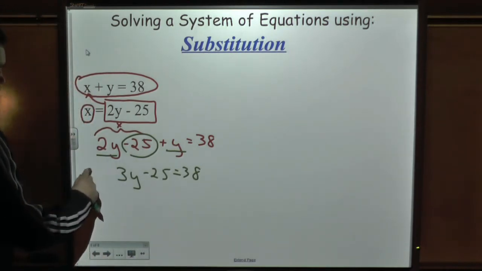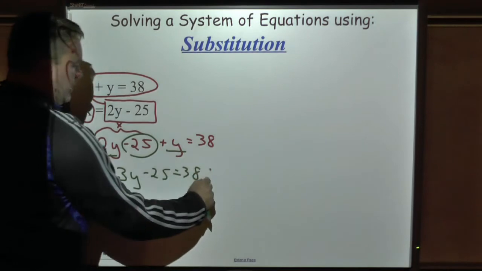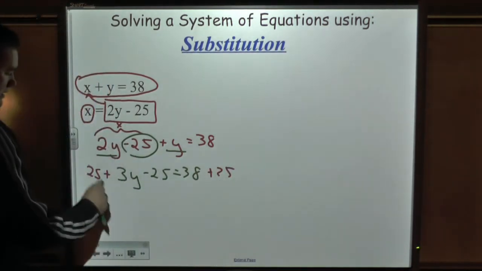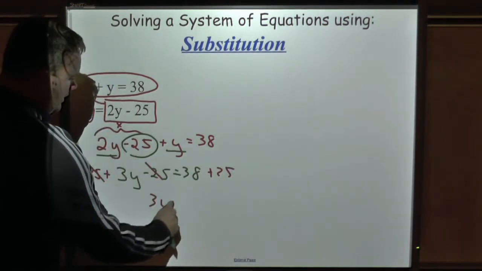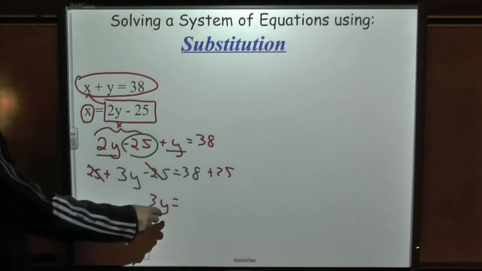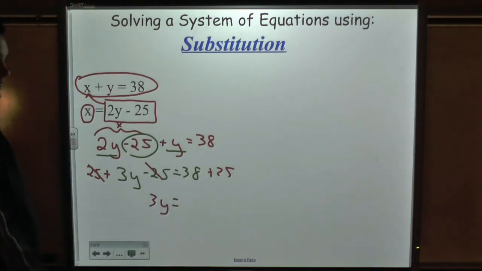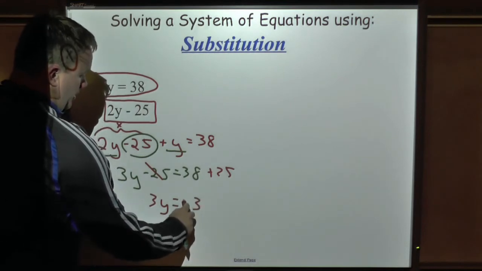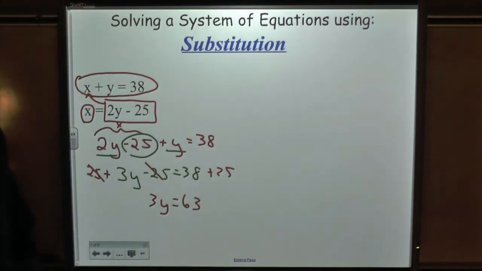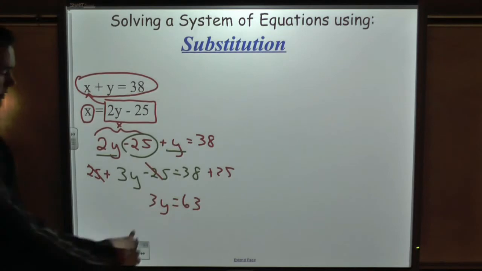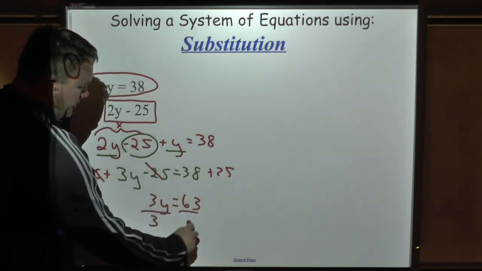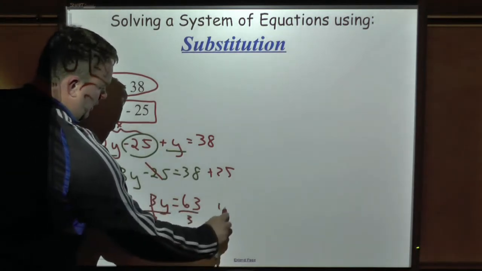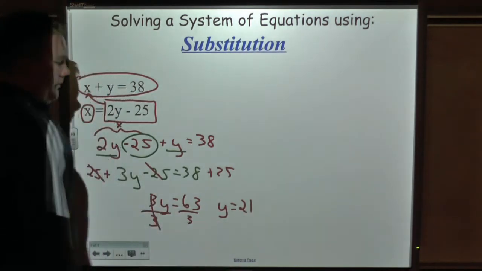Add the opposite of negative 25, which is a positive 25, to both sides. That's 0, so you get 3y is equal to, as we go through this, 38 plus 25 is 63. After that, divide both sides by 3. y is equal to 21.